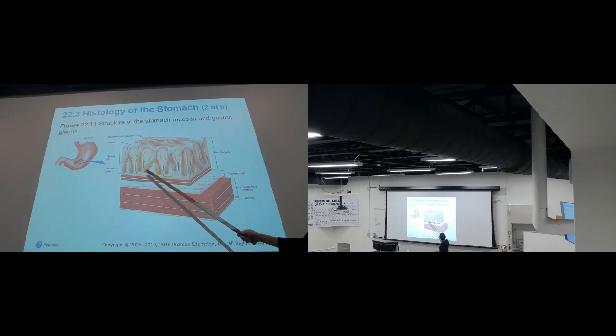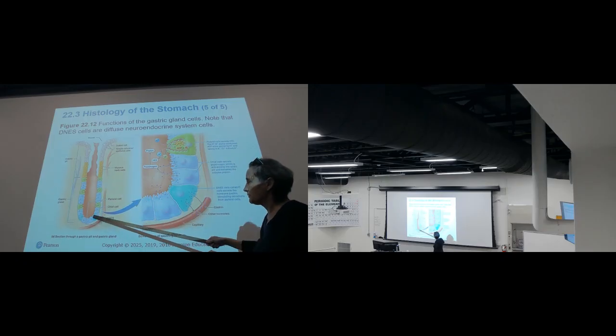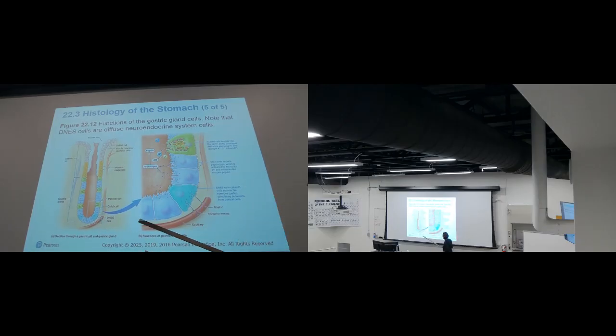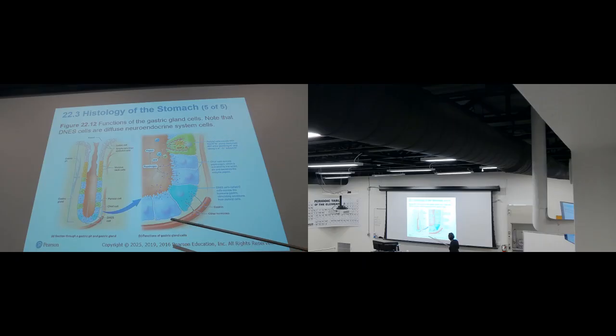If you magnify one of these glands, you will see the different cells. So we have parietal cells, we have chief cells, and then we have DNES cells. So if you magnify these gastric glands, you will see, for instance, that here these DNES cells, also known as G cells, secrete a hormone that is called gastrin.